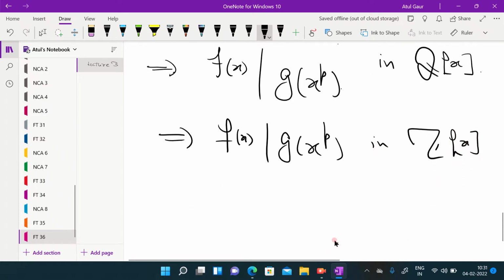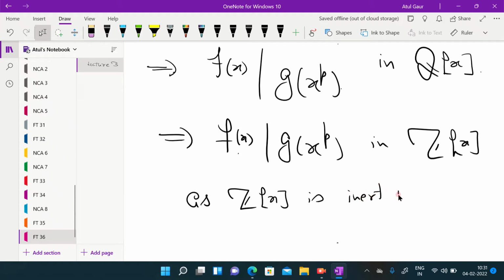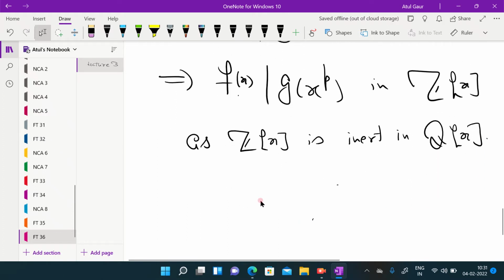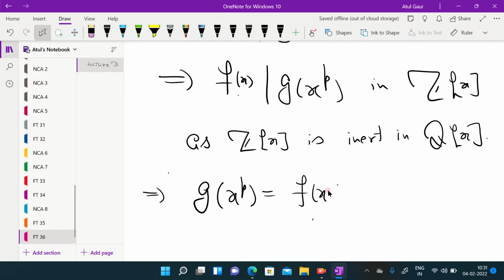This is again because Z[x] is inert in Q[x], and these both are polynomials over Z[x]. So this means g(x^p) you can write as f(x) into some h(x).